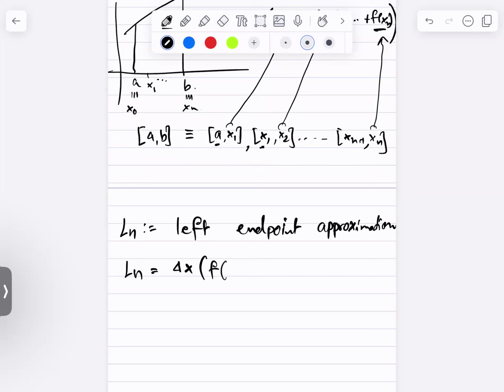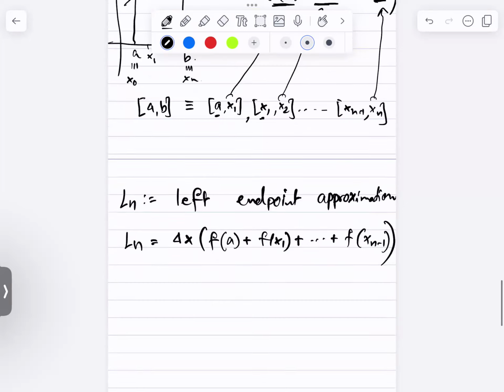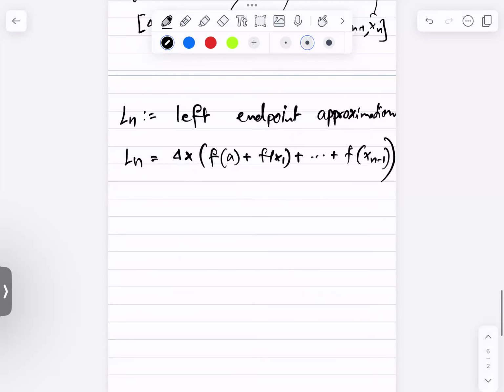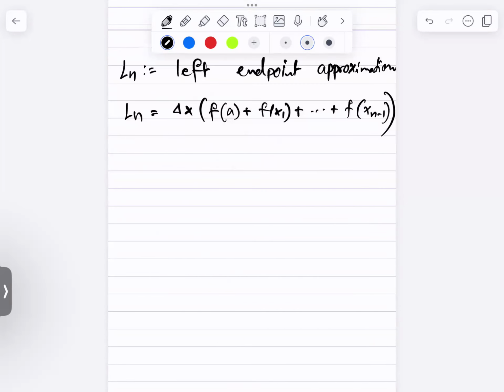So it should be f of a plus f of x1 plus so on up to f of xn minus 1, like this. Okay, cool.